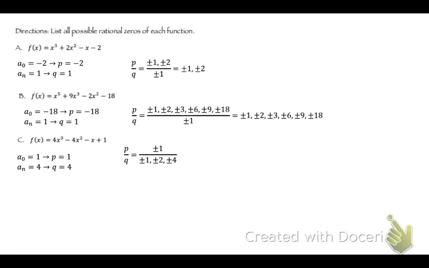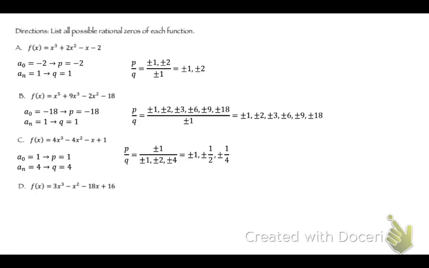And the factors of q are plus or minus 1, plus or minus 2, and plus or minus 4. So 1 divided by 1 is just 1, 1 divided by 2 is 1/2, and 1 divided by 4 is 1/4. So we have plus or minus 1, plus or minus 1/2, plus or minus 1/4.